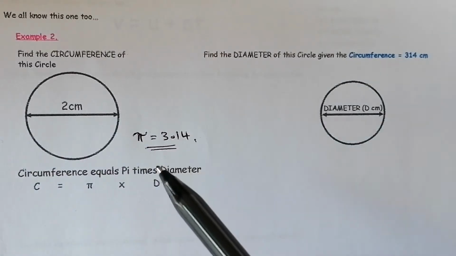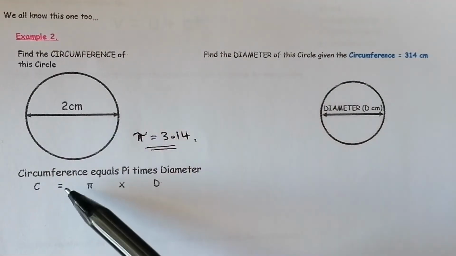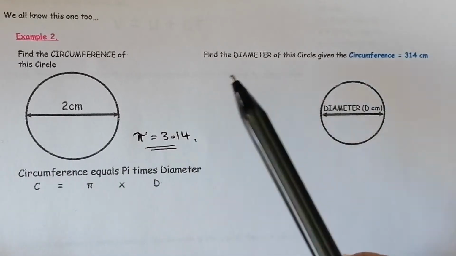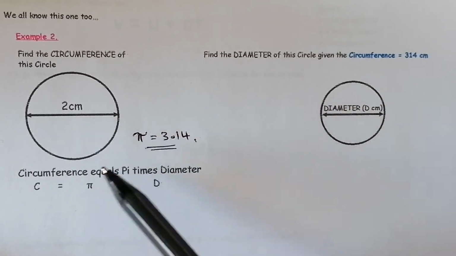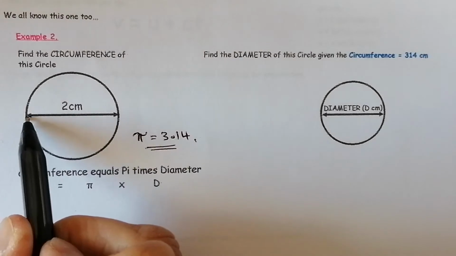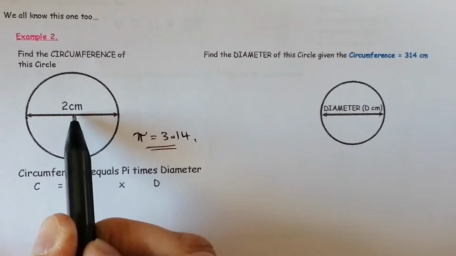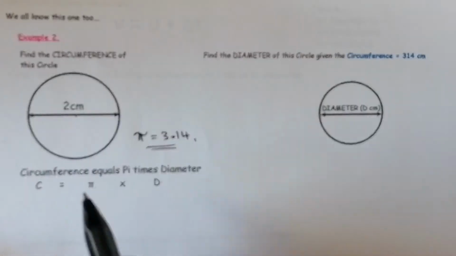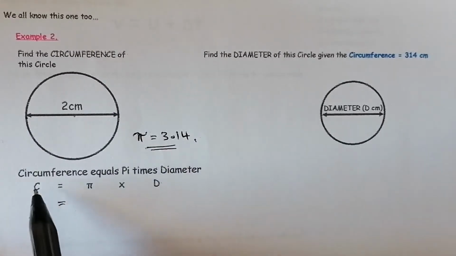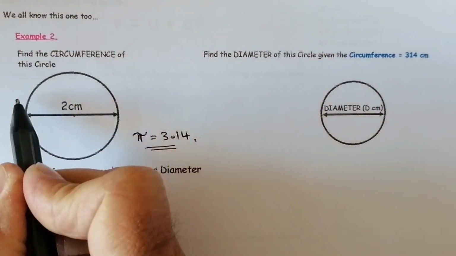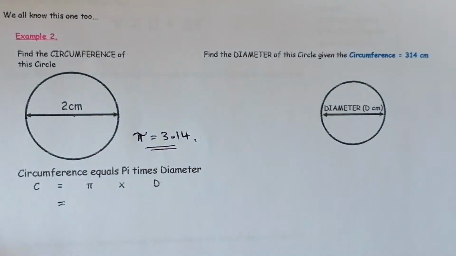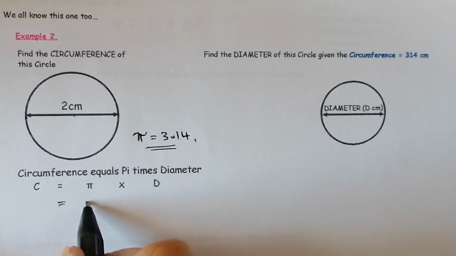So similar to what we did with the rectangle, if we work out the circumference, all we would do is substitute the values that we know. The diameter runs all the way across and through the centre of the circle, and the circumference, which is the distance all round the full side of the circle, is going to be pi times d.